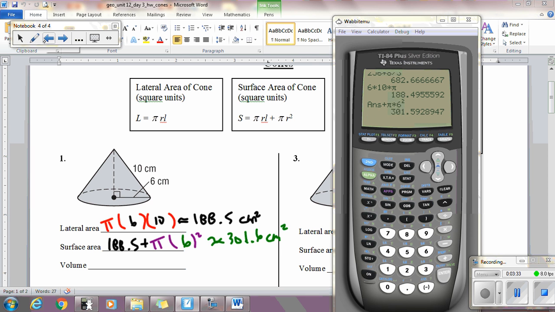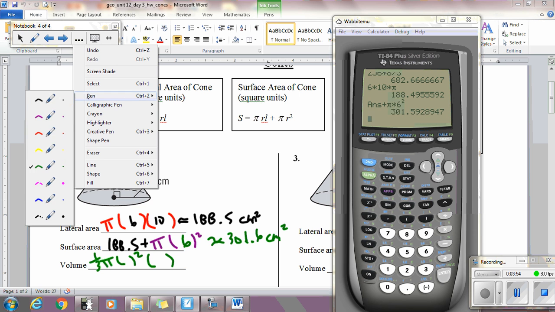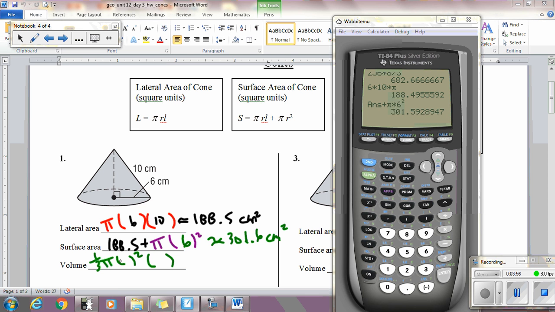Now for volume. The volume says to take 1/3 times pi times your radius squared times your 3D height. Again, our radius is 6, but we need to find our 3D height using this right triangle that is formed by the radius and the slant height.